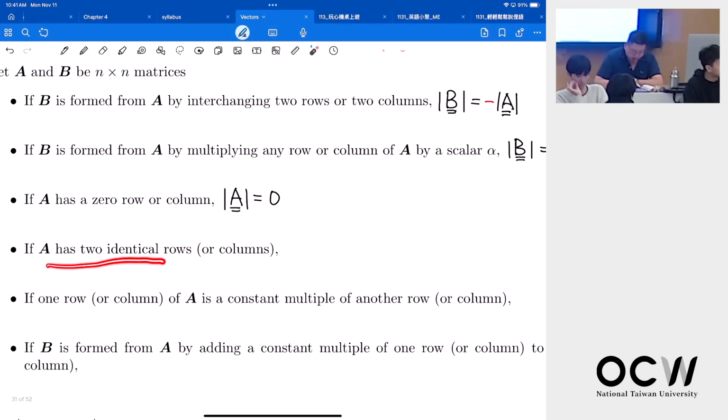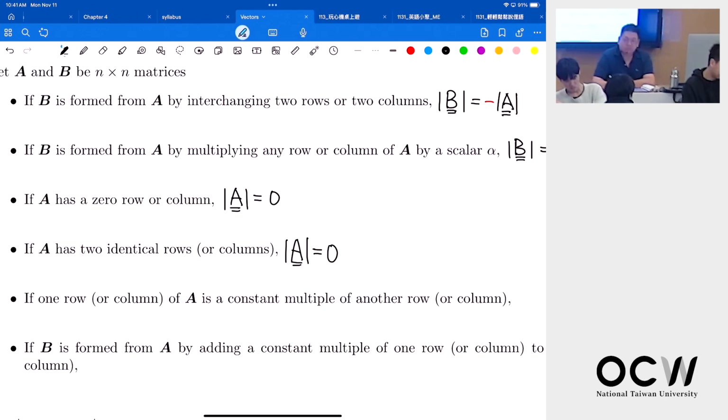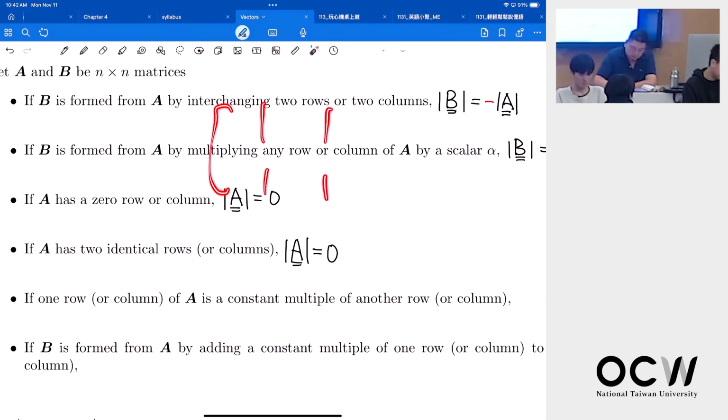If you have two identical rows or even columns, then your determinant is also 0. 1, 1, 1, 1. 1 minus 1, that's 0.